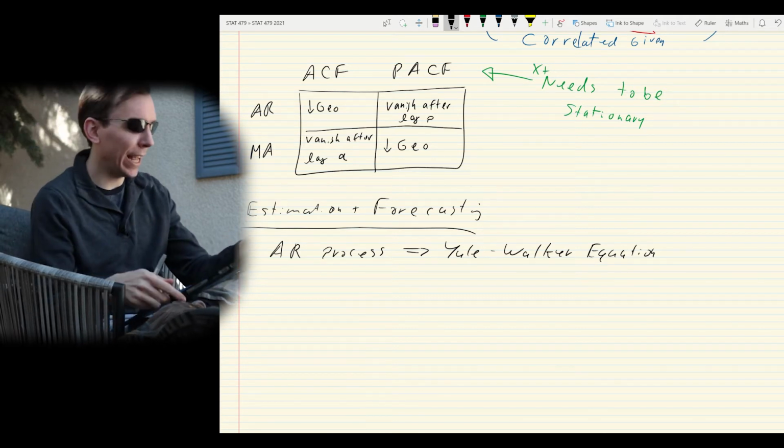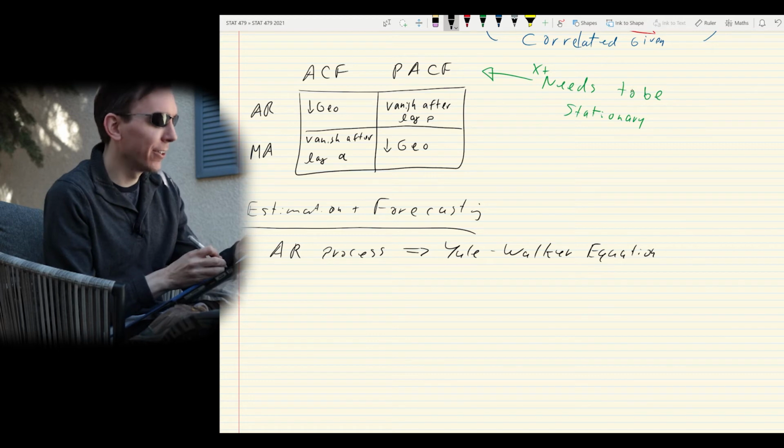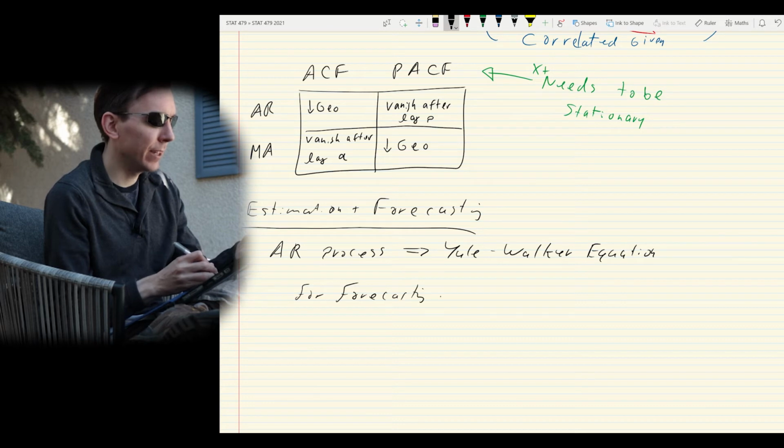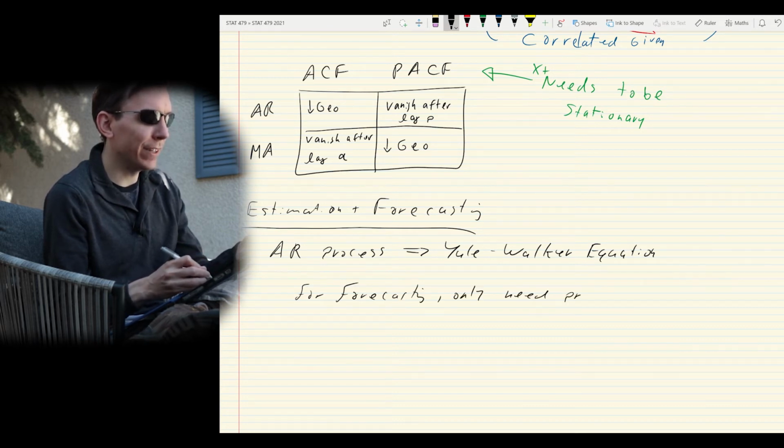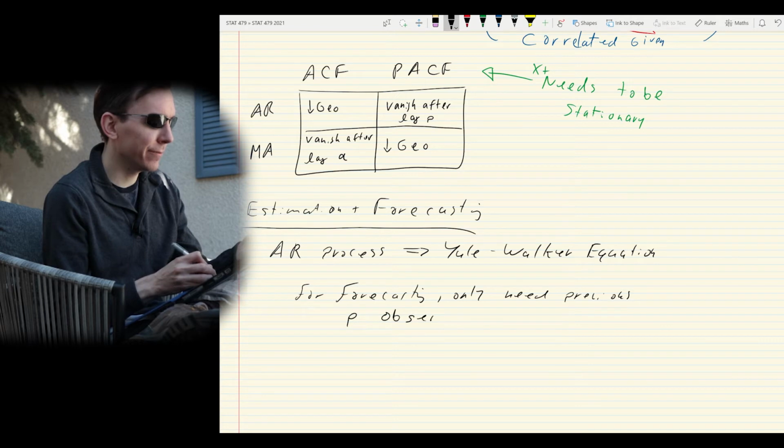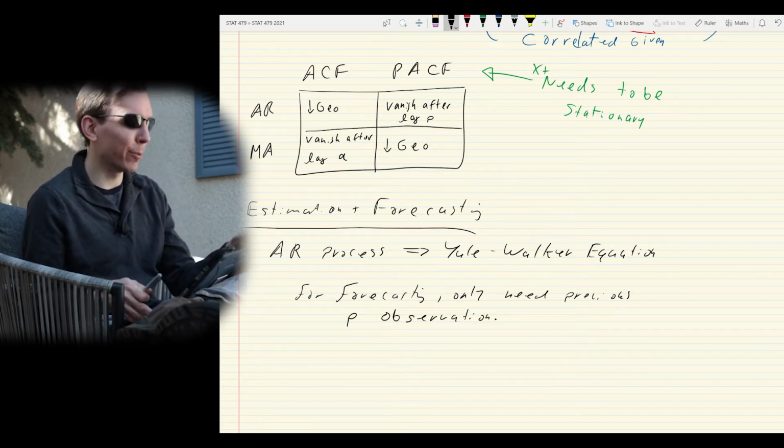And the nice thing about forecasting with the AR process is that for forecasting, we only need the previous P observations, assuming we have an AR(P) process that we're working with.